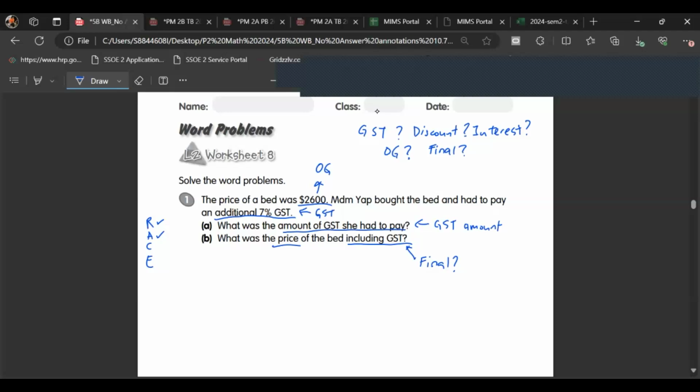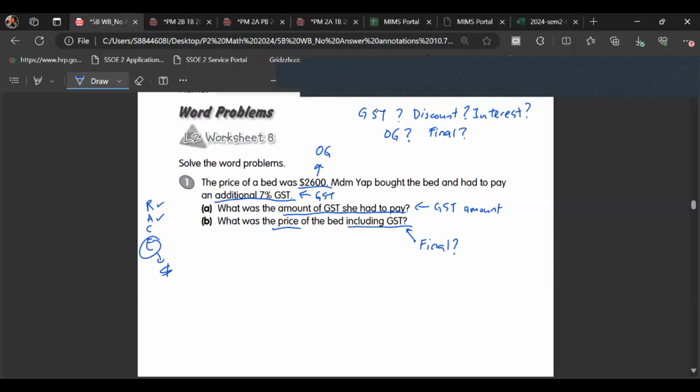And then the units will be dollars. Okay, so I can choose whether I need to draw the model or not. It's a choice. If I draw it, it will look like this: this is the bid price, 0 to 100%. The OG price, the original price, is $2,600.